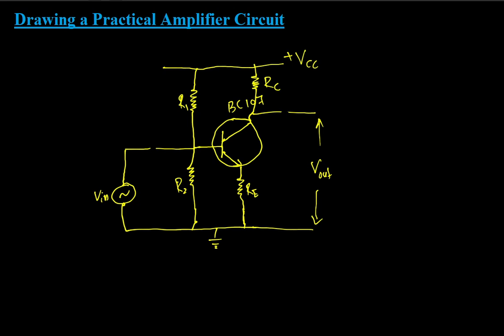So here we will connect an input capacitor Cin. Here we need a coupling capacitor CC, and also a bypass capacitor CE across the emitter resistance. So this completes a practical common emitter transistor amplifier. So it is a CE amplifier.